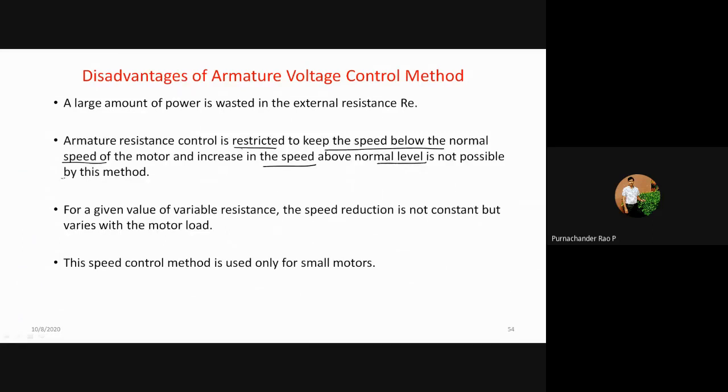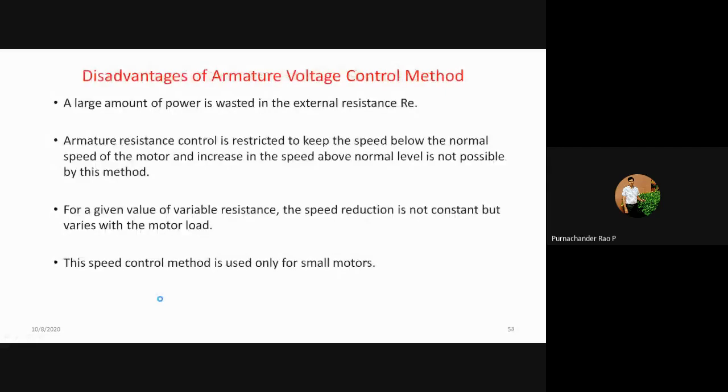Then, for a given value of variable resistance, the speed reduction is not constant but varies with the motor load. And this speed control method is used for only small motors. It cannot be useful for large rated motors.